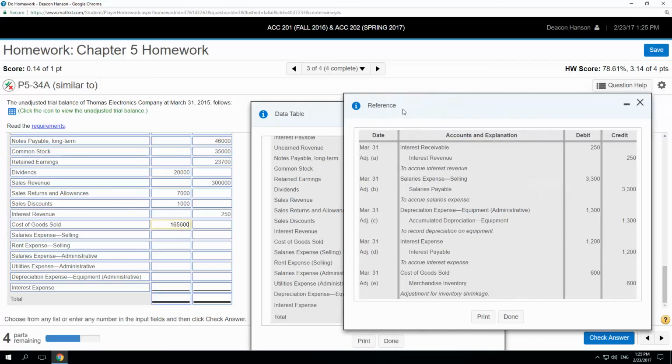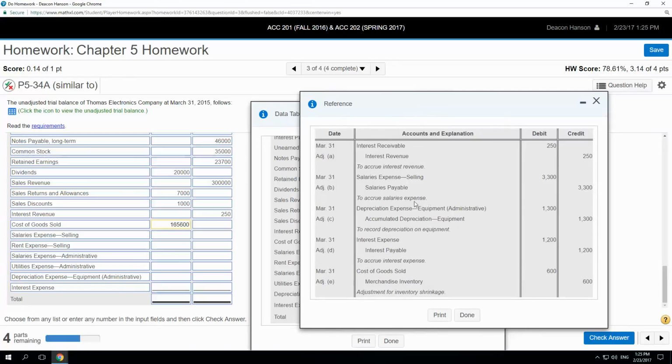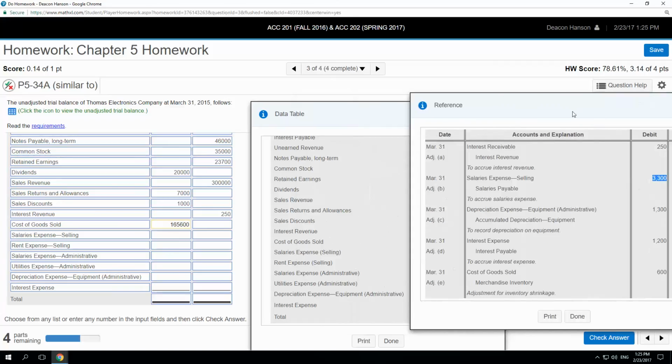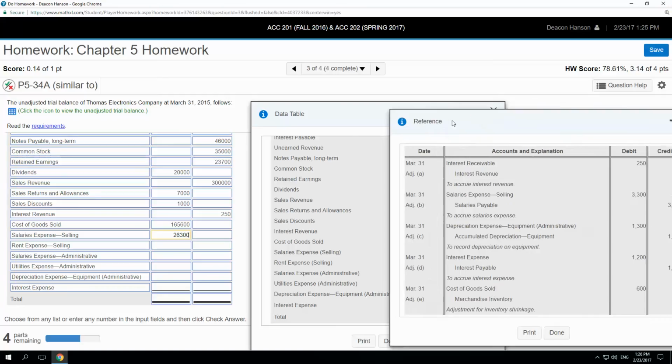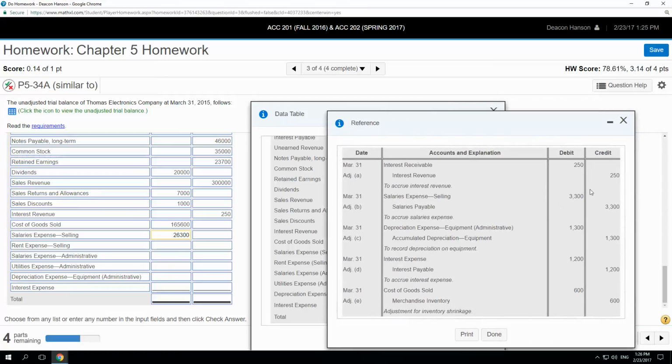Salaries expense selling. We made a debit of 3,300 to salaries expense selling. What was it to start? 23,000. So we're going to have 26,300. I'm adding that debit.